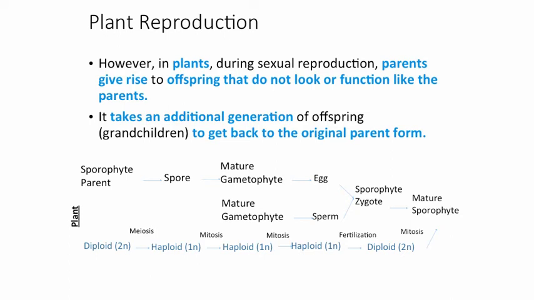These mature gametophytes undergo mitosis and they end up producing the haploid egg and sperm. Then we finally have that fertilization event to rejoin the chromosomes together to get a new diploid individual, and this diploid individual is going to be that sporophyte, and then that whole cycle can start again.